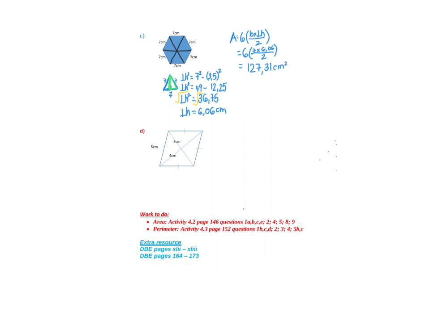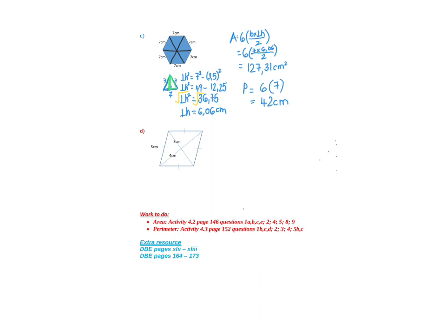Okay, and then for perimeter, it would just be a case of adding all those sides together. So since it's a regular polygon, which is a regular hexagon in this case, it's 6 times the side measurements, 7 centimeters, which is 42 centimeters in measurement altogether around the hexagon.